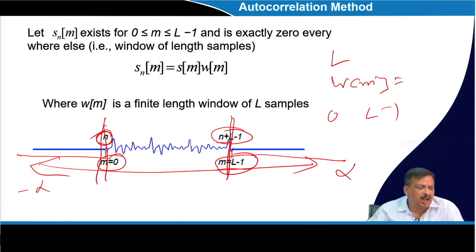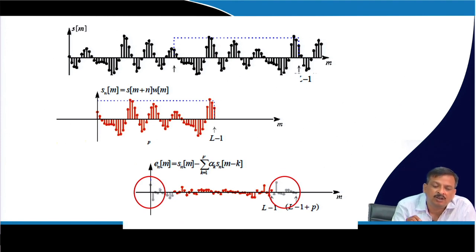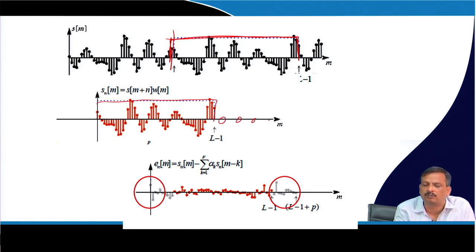Okay. So, now what should be the length of the prediction error? Here is an example. I have taken this portion of the signal, and outside that the signal is 0. Now, I want to run a pth order predictor.